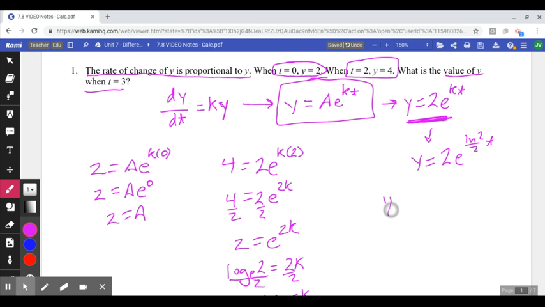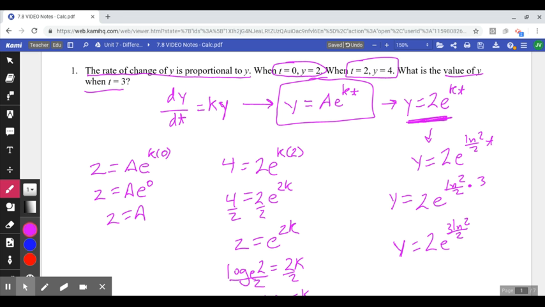So the y is what we don't know, so we'll write that down. And we do know now the value of t is 3. Simplifying this just a little bit, we have 2 times e to the 3 times the natural log of 2 over 2 power.